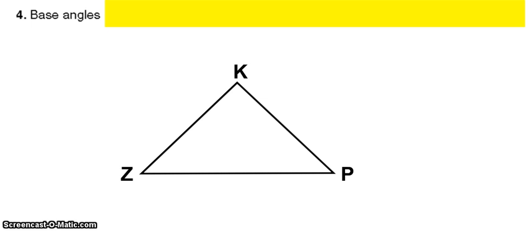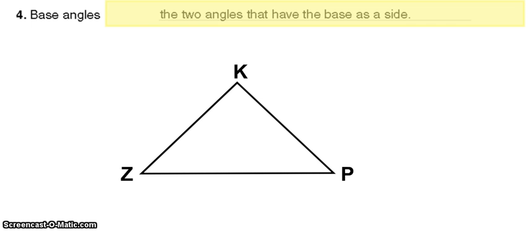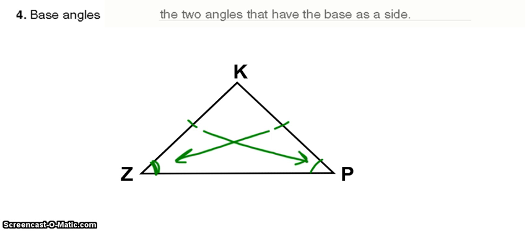Number 4, base angles. These are the two angles that have the base as a side. So let's go back to the beginning here. We said that these were the legs, and our base angles are going to be across from these legs. So this angle right here and this angle right here are going to be our base angles.